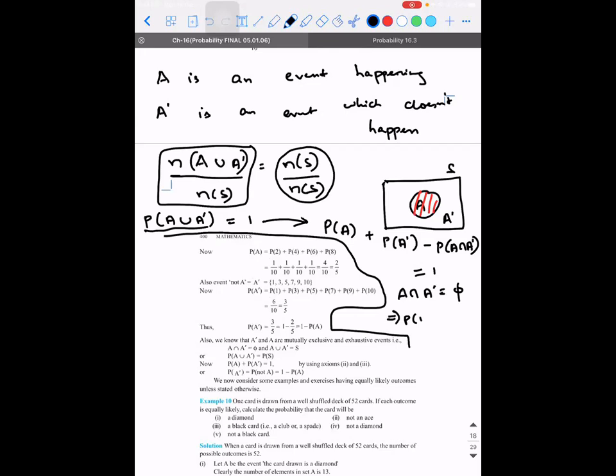So what is the probability of A intersection A dash? It is 0, right? So probability of A plus probability of A dash minus probability of A intersection A dash, how can I write it? I can write it as probability of A plus probability of A dash, since probability of A intersection A dash is equal to 0, and this whole thing is equal to 1. Does this statement make sense, guys? Are you able to understand?